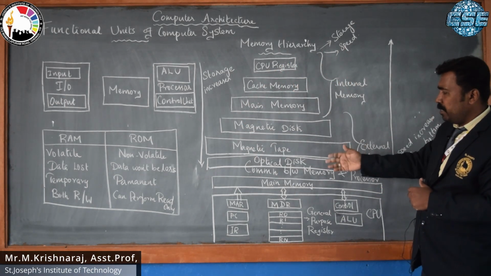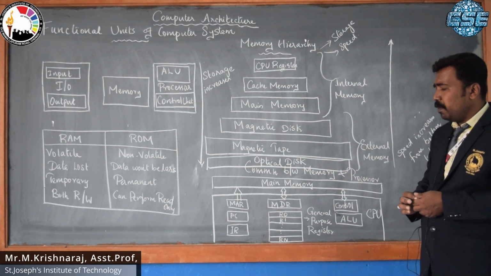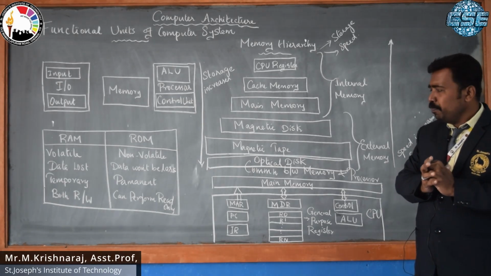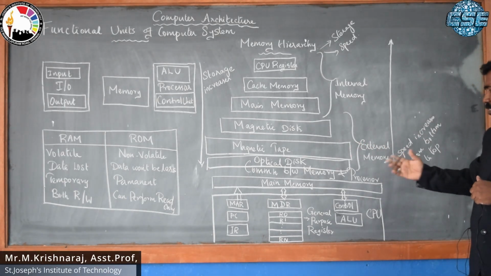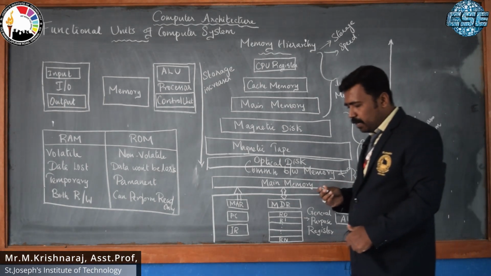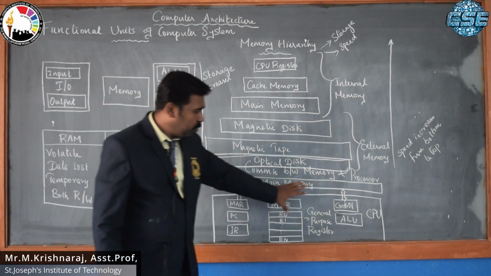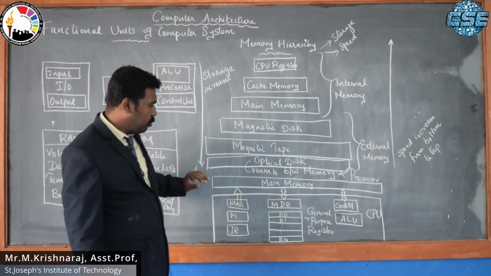Next I am going to take another important topic: what memories are available in the CPU, and how the communication between memory and processor happens. This diagram, I think, is visible to you. It shows the communication between memory and the processor.